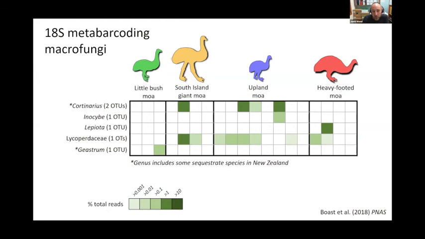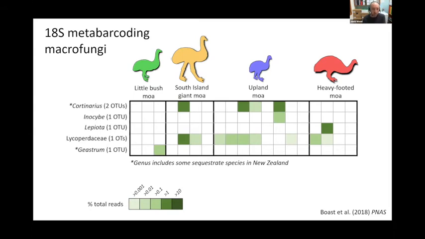Alex's first steps involved sequencing a short 18S barcoding region from 19 moa coprolites of 4 different moa species. The sequences obtained included a range of OTUs that were able to be assigned to different macrofungi taxa, shown here on the left. 2 of the taxa do actually include sequestrate fungi species.